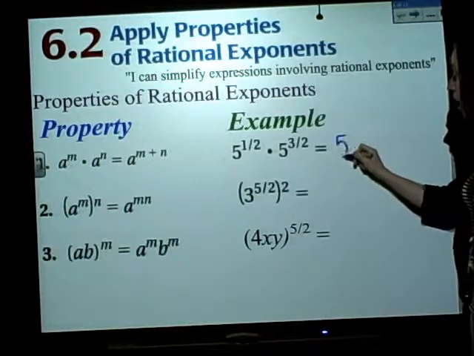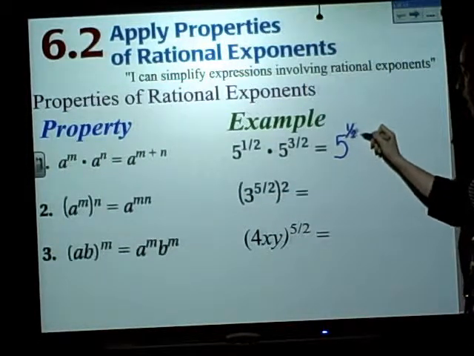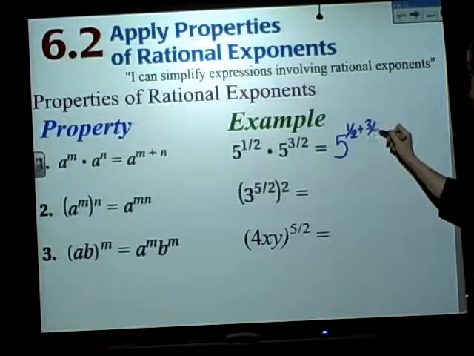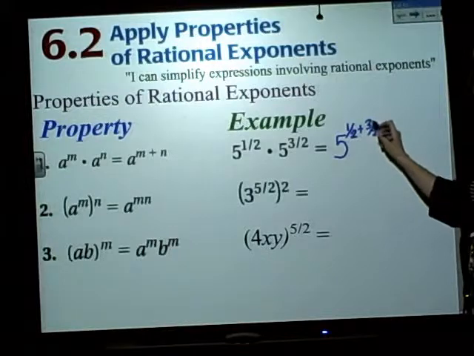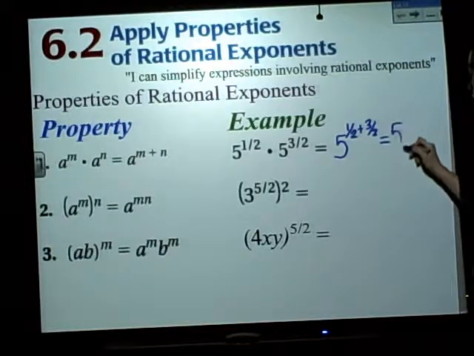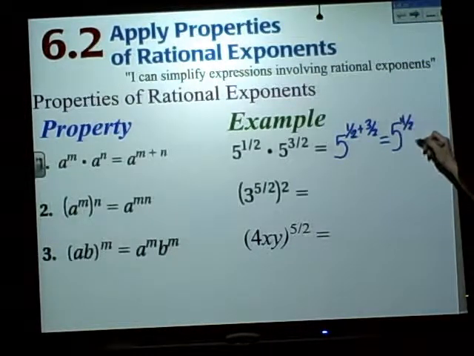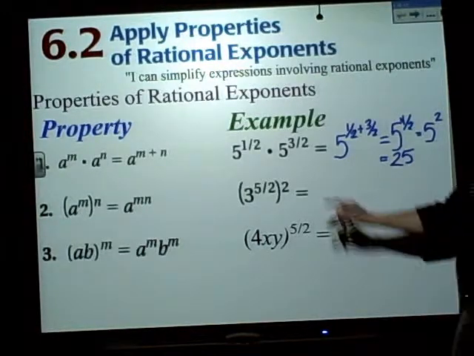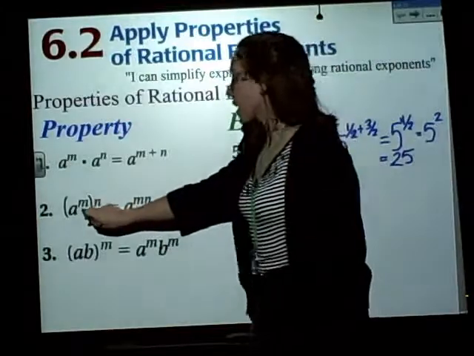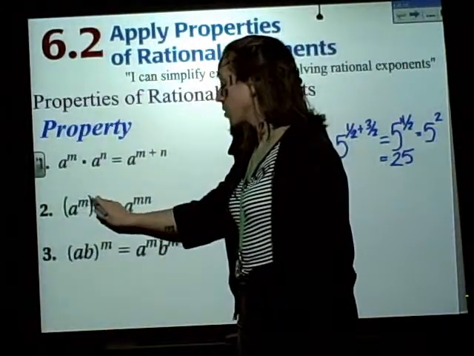So I would go 5 to the 1/2 plus 3/2 power. When I simplify that, 1/2 plus 3/2 gives me 4/2, which is just 2. And I know 5 squared is 25.